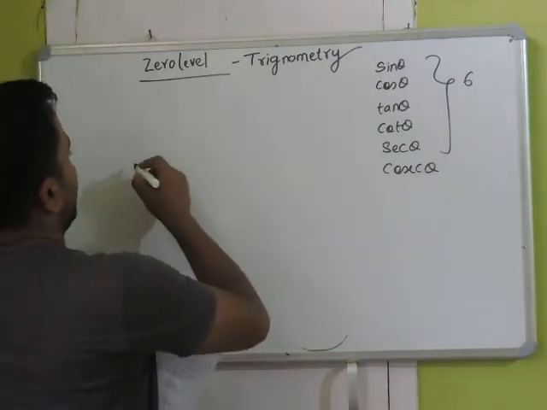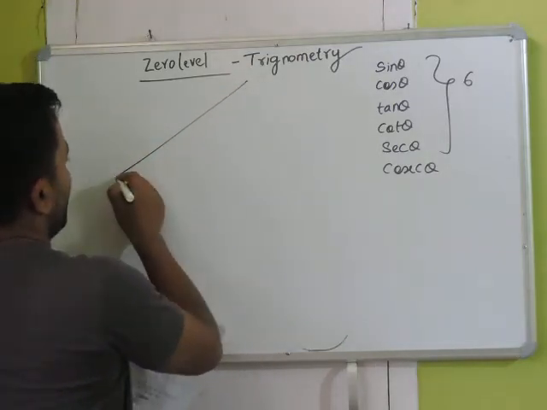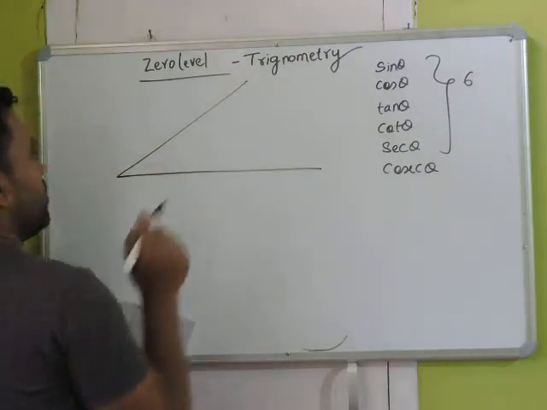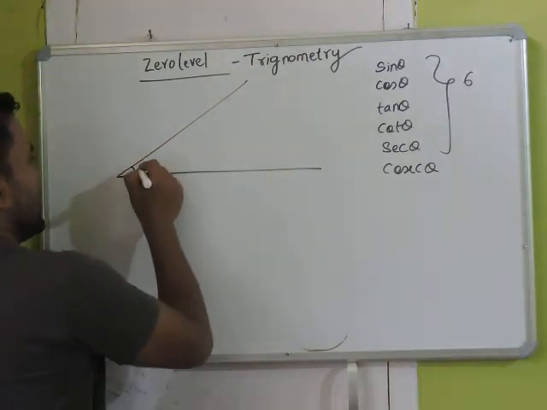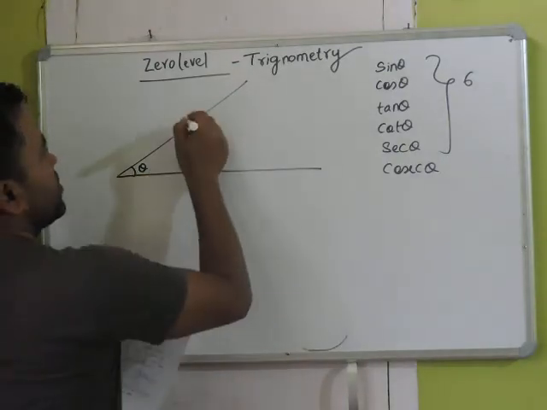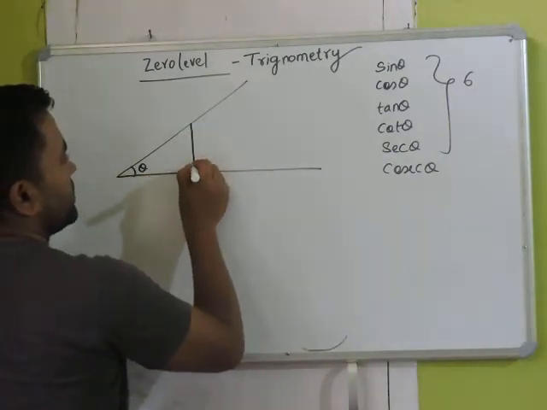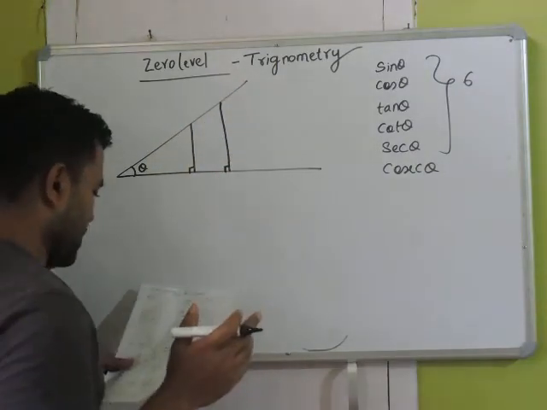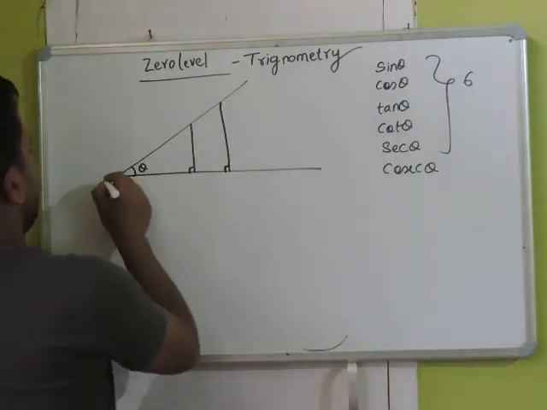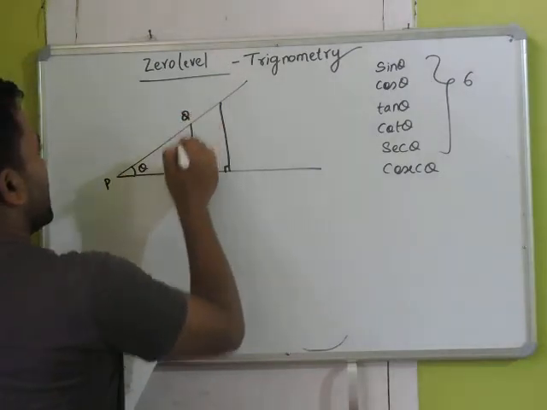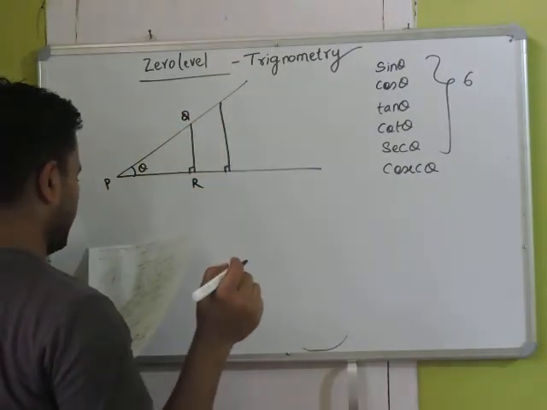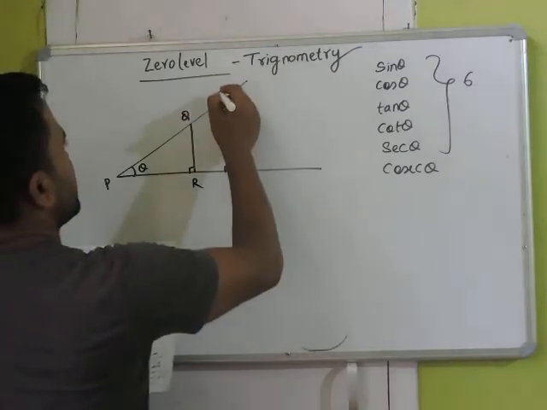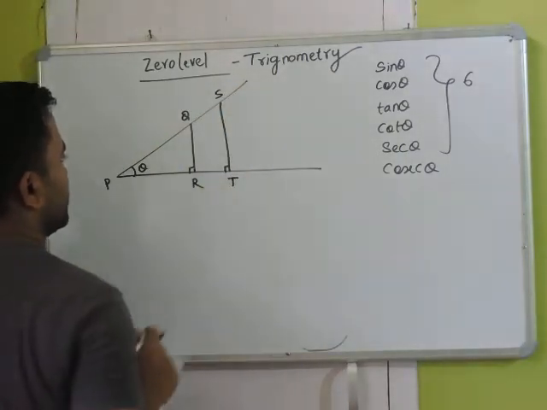So suppose we have two lines like this, and suppose this angle is theta, and I drop a perpendicular here and one more perpendicular here, and we are going to name this, let us say, PQR, and let us say this part to be ST.